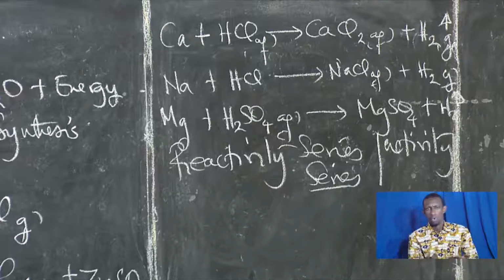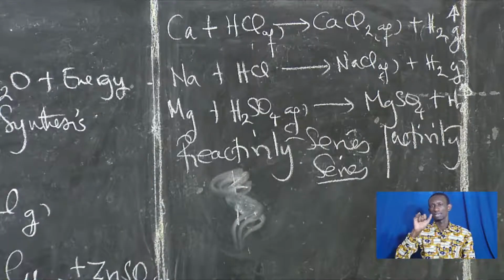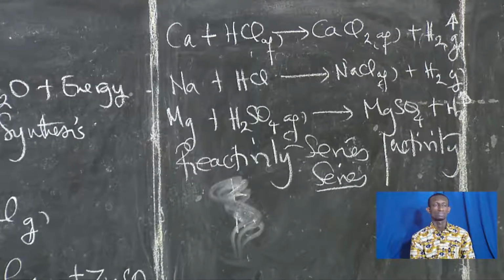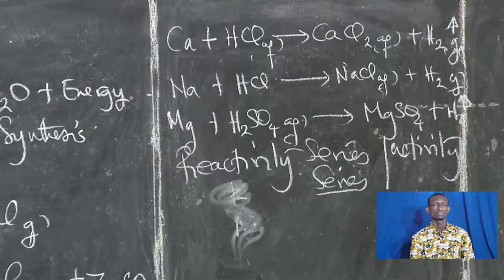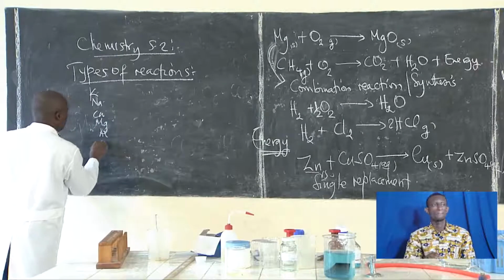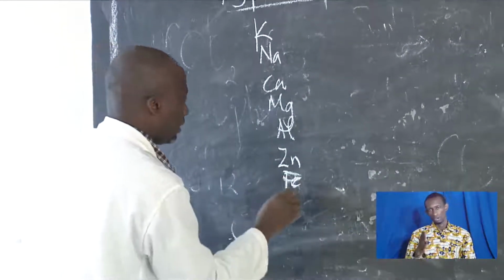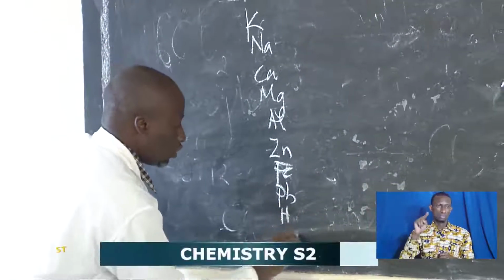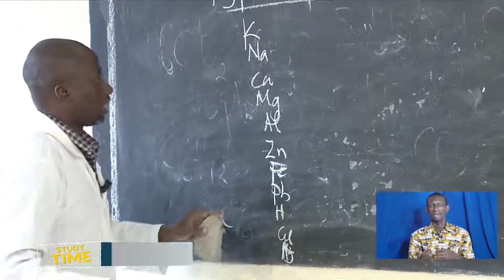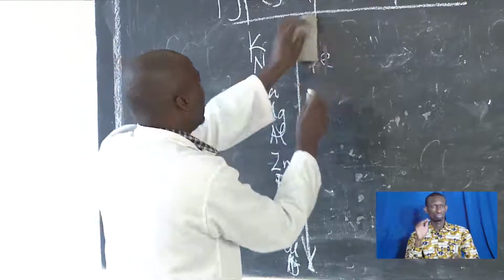I can put it on so it is very clear. You have potassium, sodium, calcium, magnesium, aluminium, zinc, iron, lead, hydrogen, copper, mercury, and then silver last.